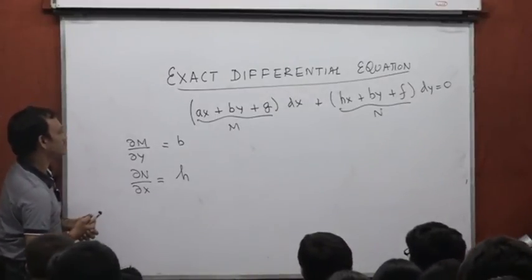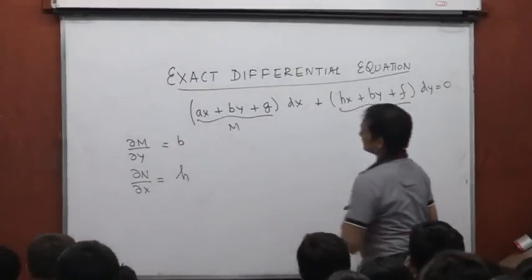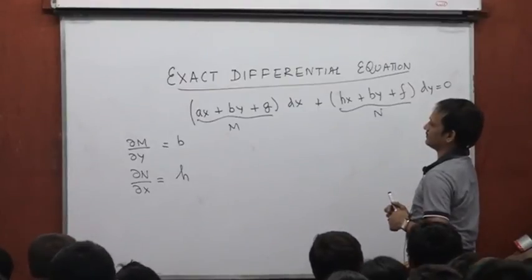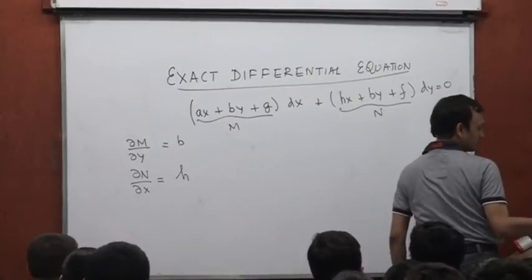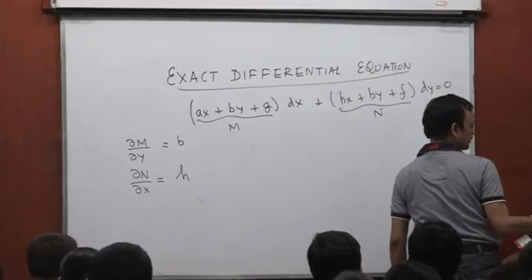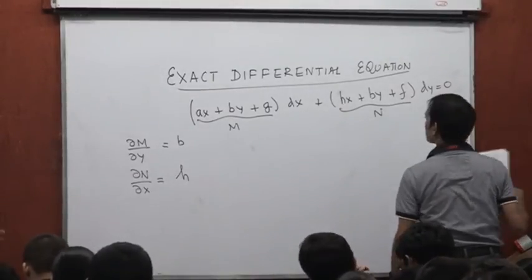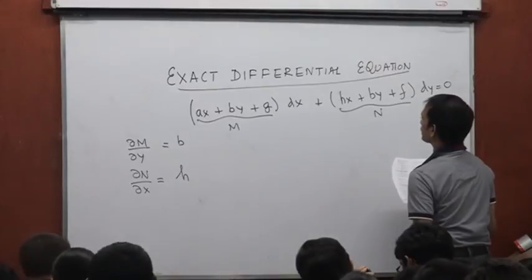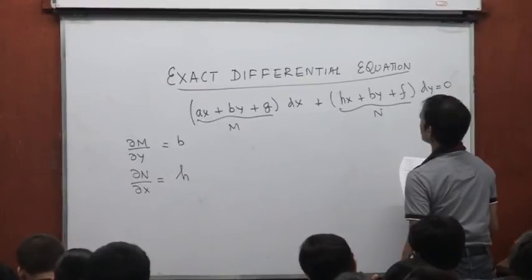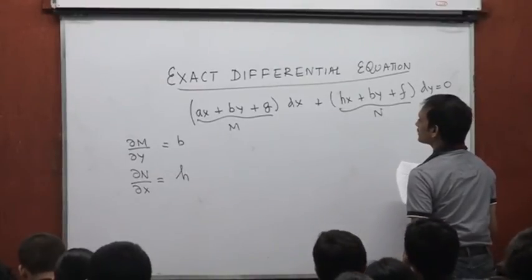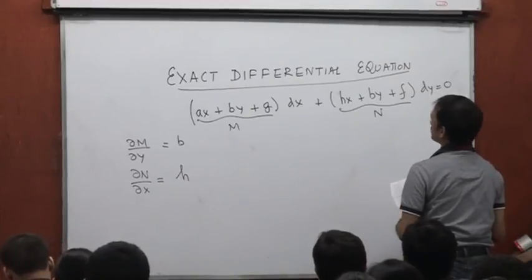There must be a mistake. b must be equal to h. This is a mistake here, obviously. If b were equal to h, then that would have been fine.